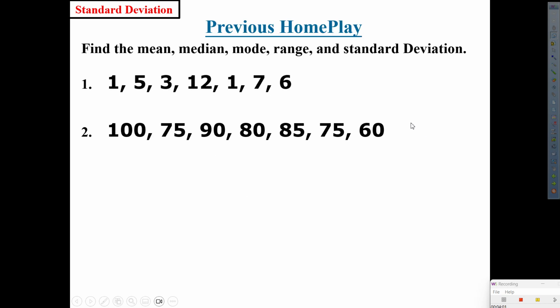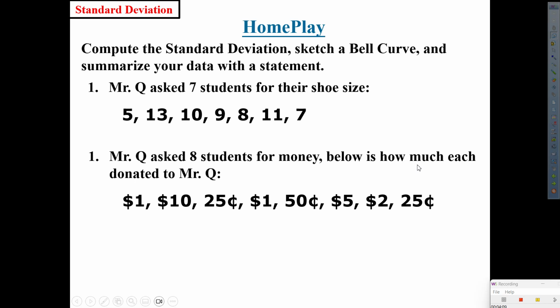So, previous home play, that was Thursday. You did standard deviation. Tonight's looks like this. All right? Now, before we get a Cornell note going, look up. Very important. What did I ask you to bring today? Tell your neighbor, what did I ask you to bring today?